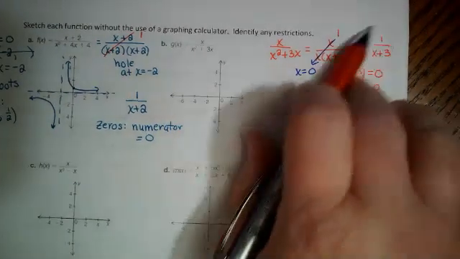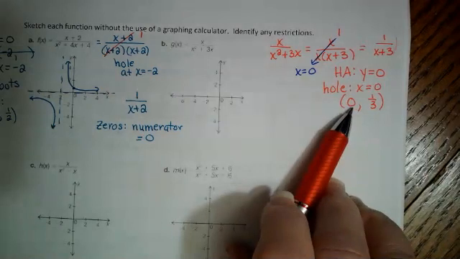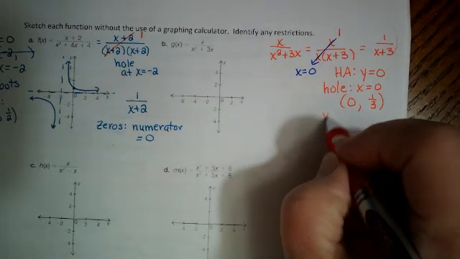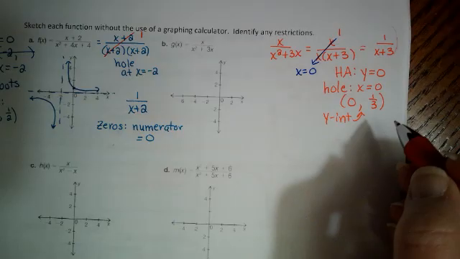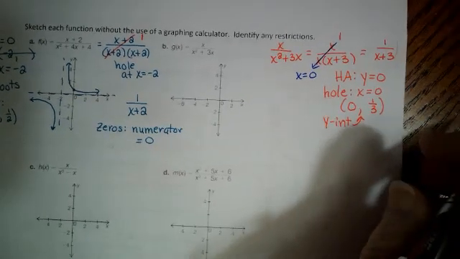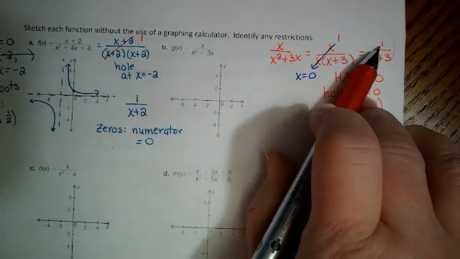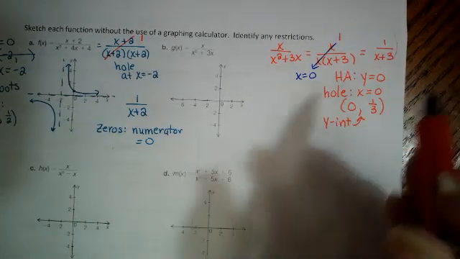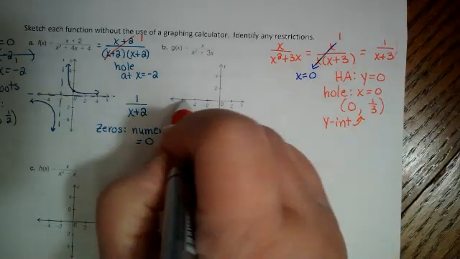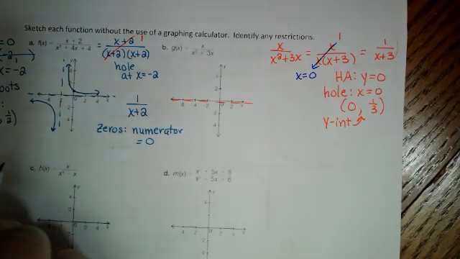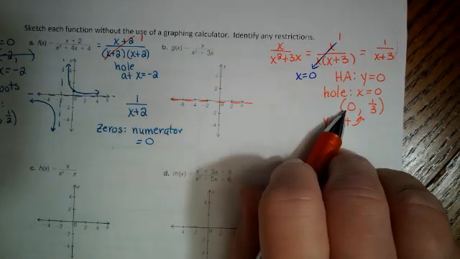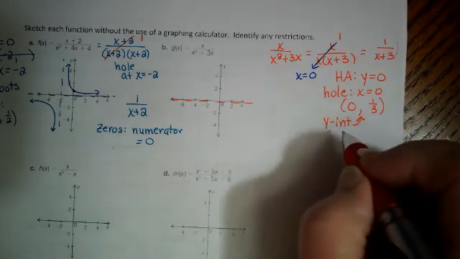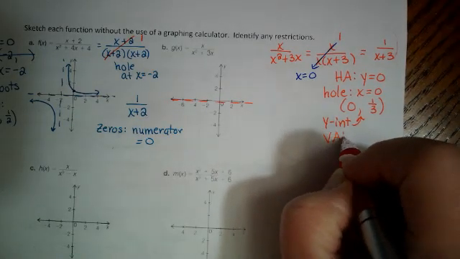Now if we take this function, I think we already found the y-intercept because the y-intercept is the same thing as the hole. There are no x-intercepts because I can't make that numerator equal 0. So my graph, y equals 0, x equals 0 is the hole, so 0, 1/3. We never found the vertical asymptote.